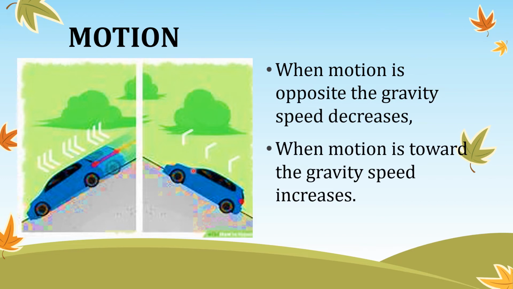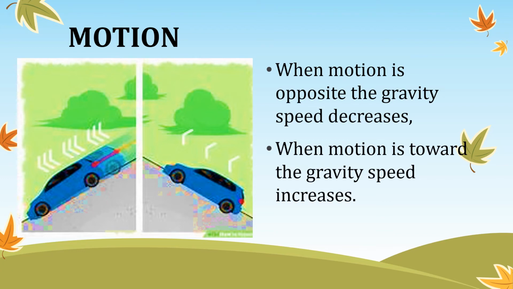Look at the second picture. You can find more gravity here, and the car is going upward, opposite the direction of gravity. Therefore, the speed of the car decreases. This one is slower compared to this car.